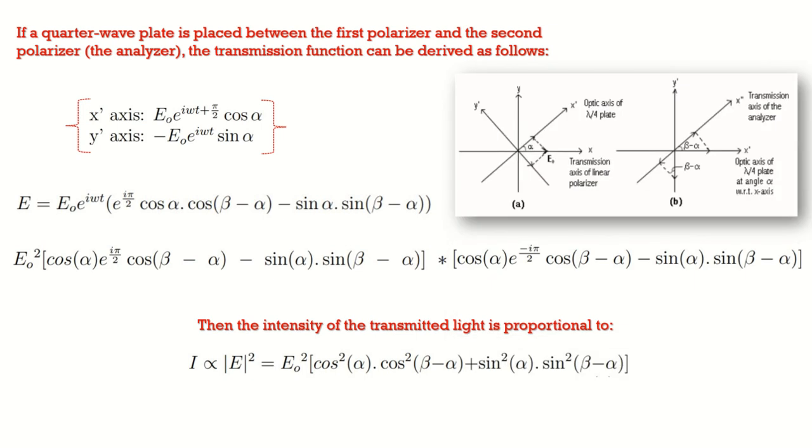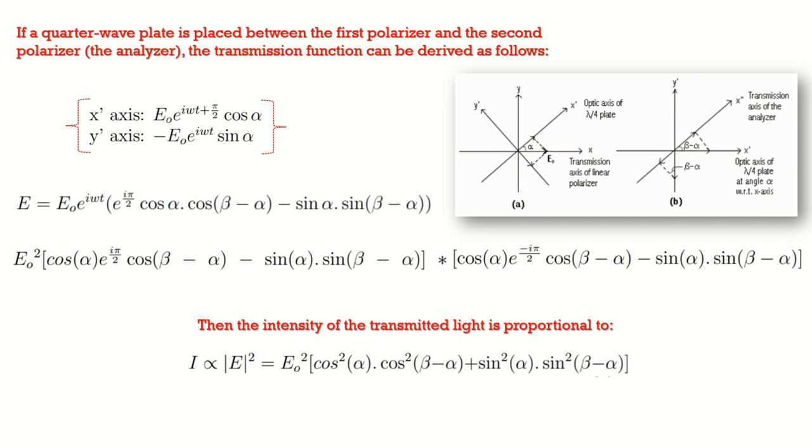In figure A, the x-axis is along the transmission axis of the first polarizer, and the x-prime axis is along the optical axis of the quarter wave plate. The angle between the x-axis and the x-prime axis is alpha, and the electric field vector along the x-axis, which has an amplitude of E0, can be decomposed into two orthogonal components.